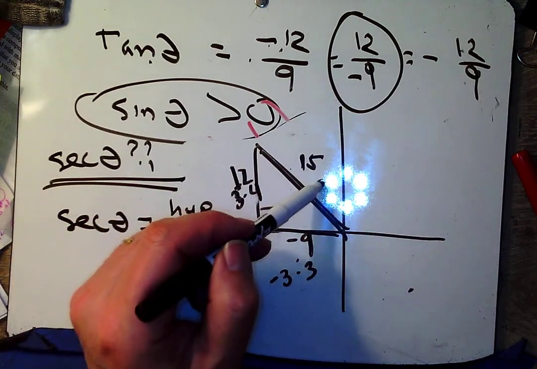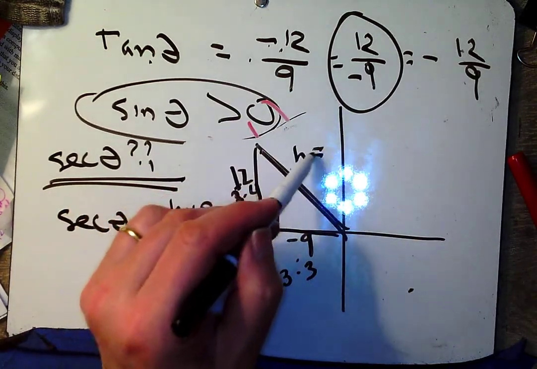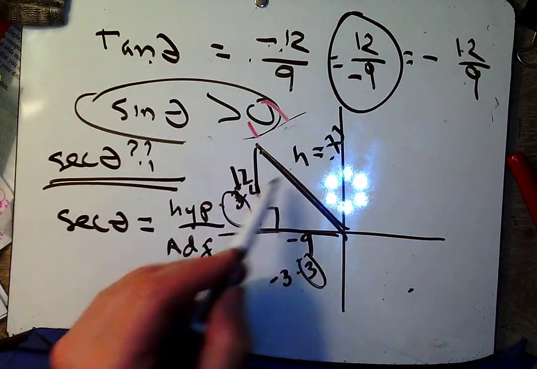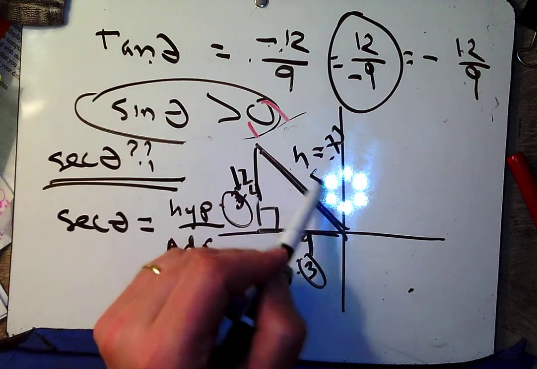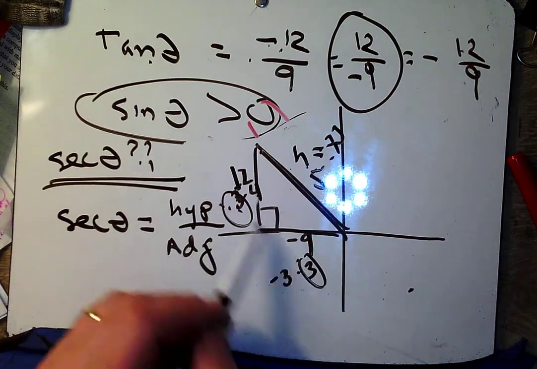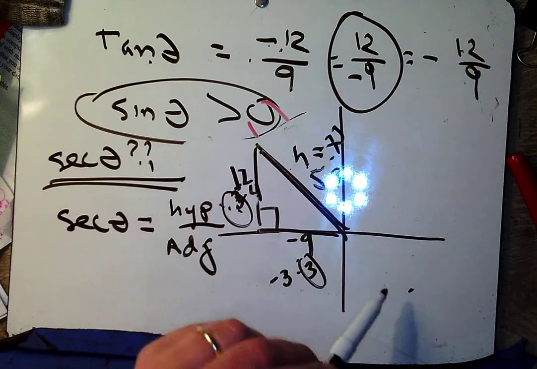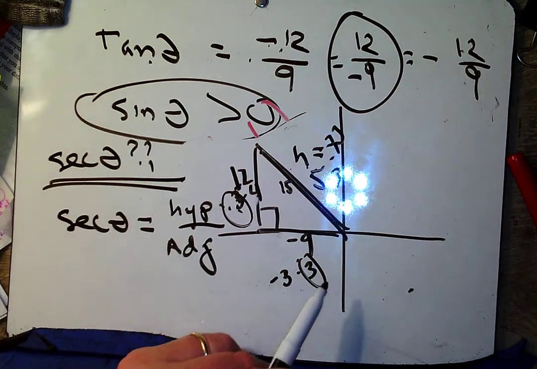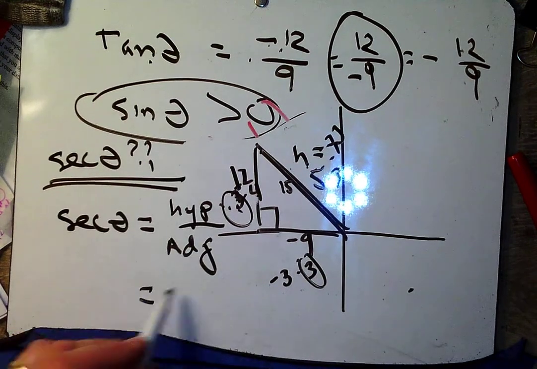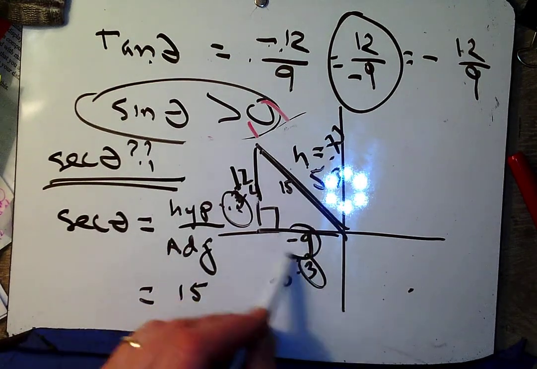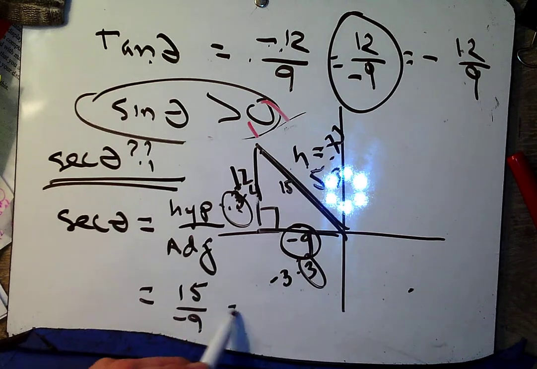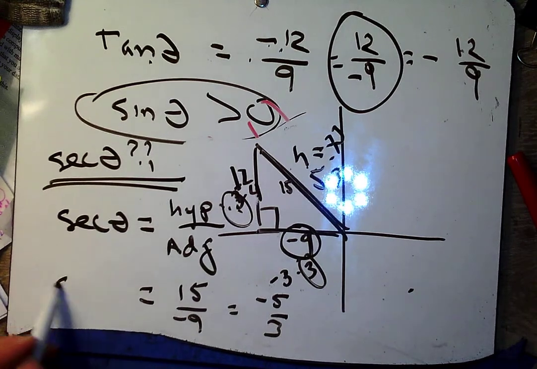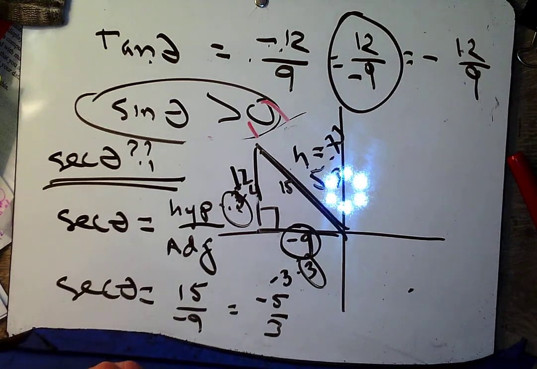And this is the one that we're looking for. I don't know what that is. Well, I've got 3, 4, and that triple is 3, 4, 5. But since each of these are multiplied by 3, this has to be multiplied by 3, which is why I know that's 15. So, hypotenuse 15, adjacent side negative 9. You could, of course, simplify that to be negative 5/3, and that's what secant theta is going to be. Okay?